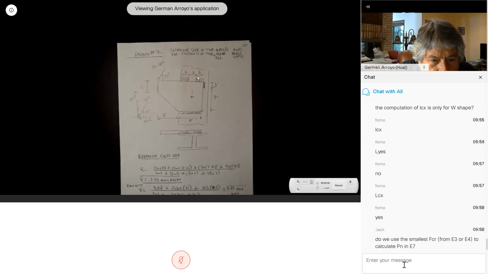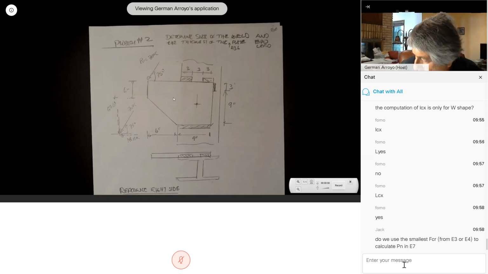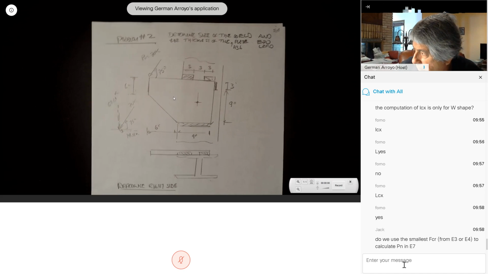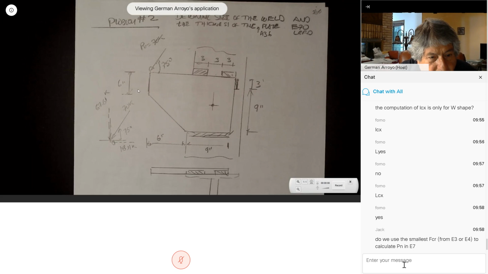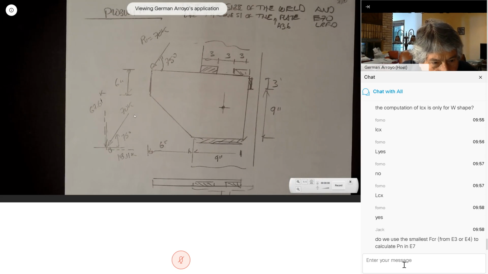So what I did in here to start with, I found the component of the force in the vertical direction going down, 67.61.